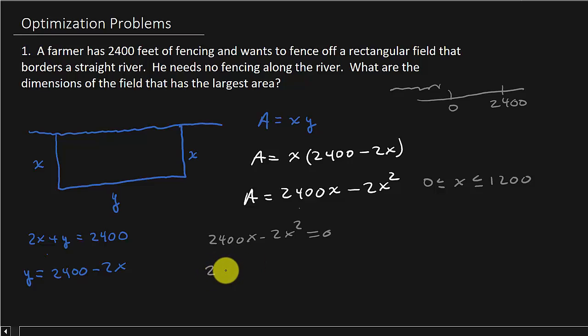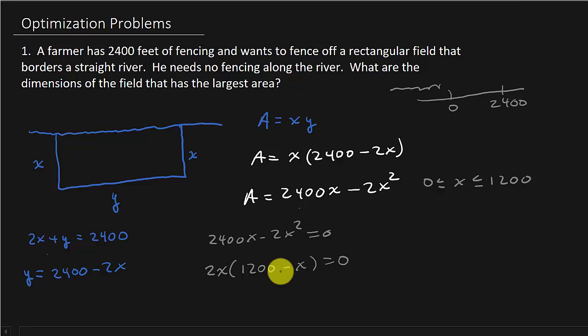So I've got 2x times (1,200 minus x) equals 0. You can see if I set this equal to 0 and solve it, I get 0 and 1,200. So I'm not going to be able to be outside of that. I'll get values that won't work.